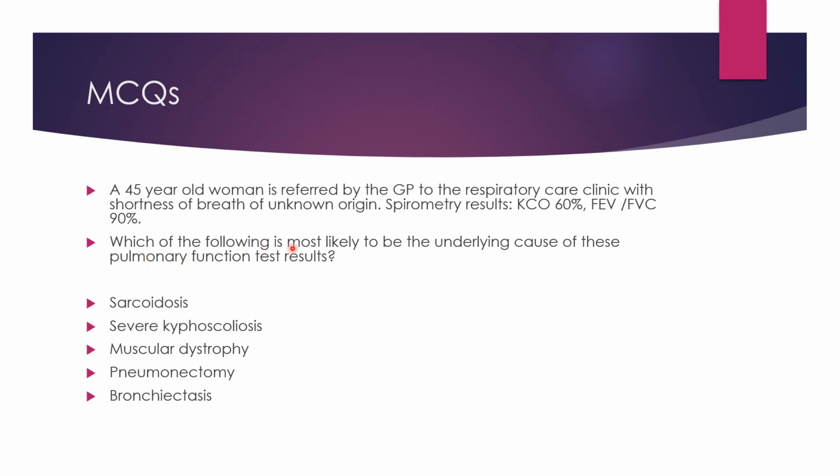So which of the following is most likely to be the underlying cause of these pulmonary function test results? As I told you, this means that there is no obstructive lung disease. So the bronchiectasis, you can take that out of the options, and you're left with 4 options. Out of these 4 options, try to memorize which condition has a reduced KCO.